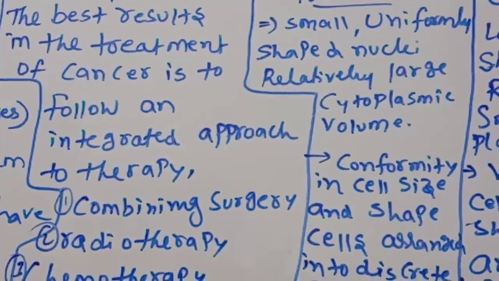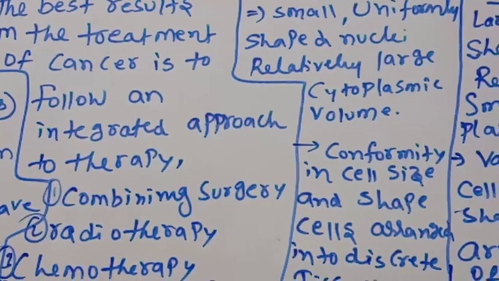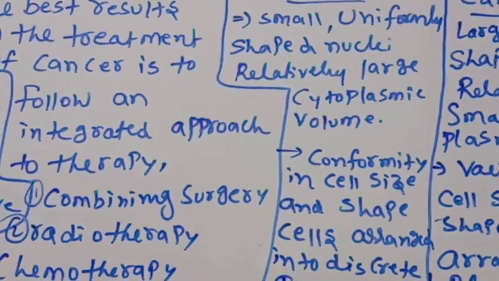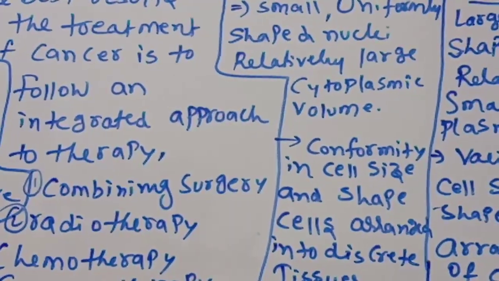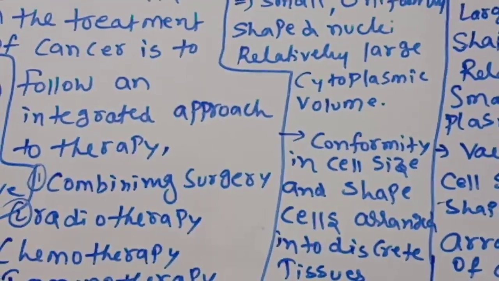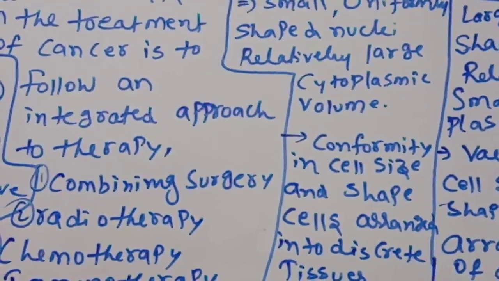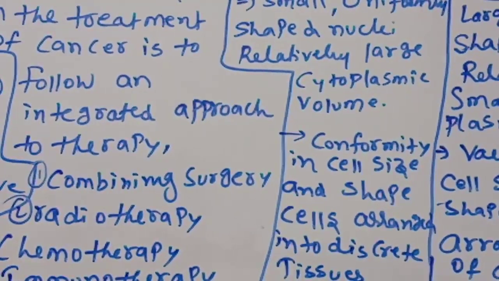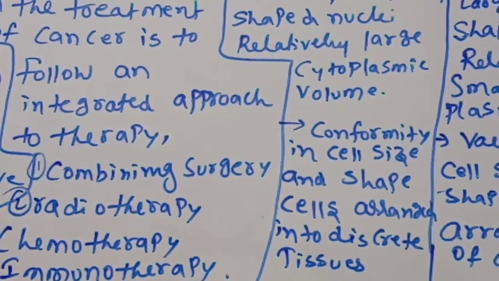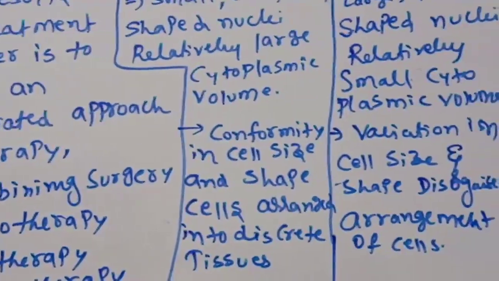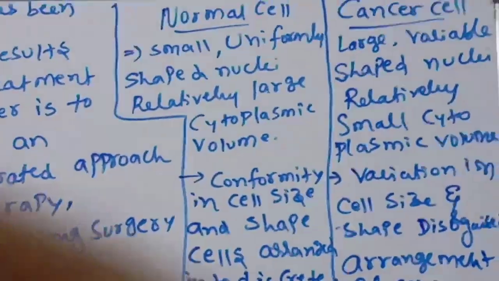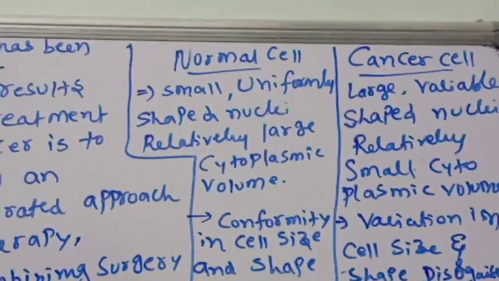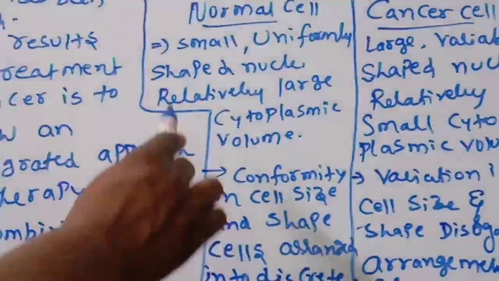In radiotherapy, some rays we will send and burn the tumor cells or tumor-causing tissues. In chemotherapy, some chemicals we will use to control the tumors. In immunotherapy, some monoclonal antibodies we will give to control the tumors. Children, like that, therapies are there.